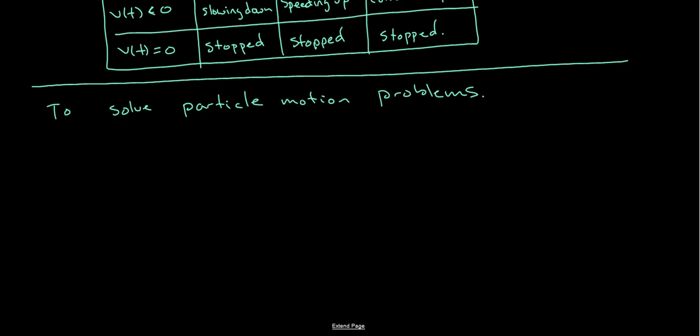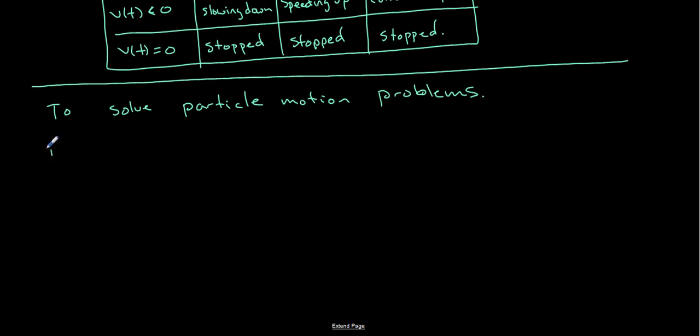Later, we'll be more specific on what we're looking for. In this unit, there's basically 3 things: particle motion, implicit differentiation, and then related rates. That's 3 things. It's all derivatives. Then we get into chapter 3, graphical analysis. Good stuff.